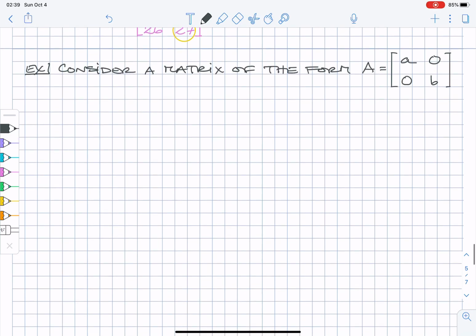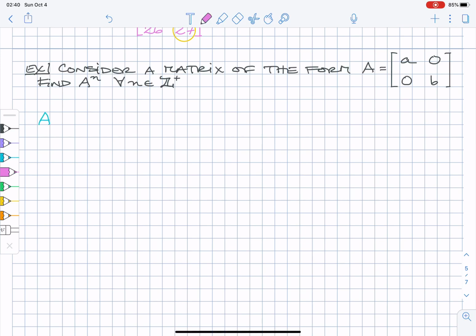Okay, so let's find A to the nth power for all positive integers n. Okay. Well, we have to do this.